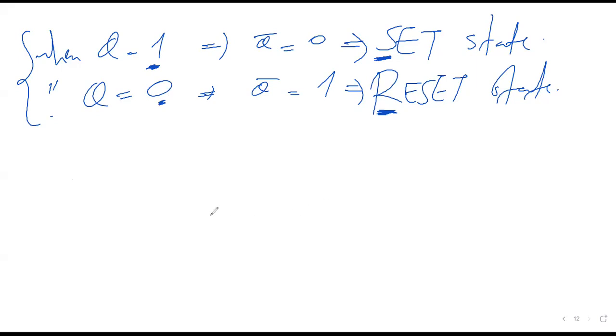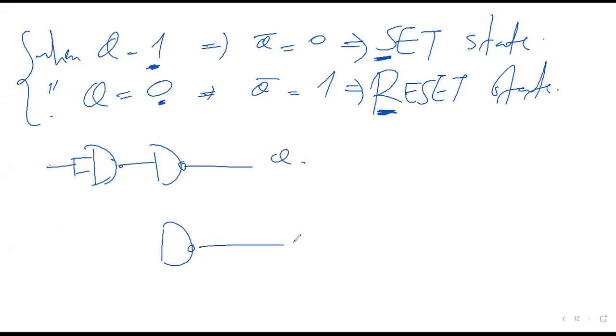We have the logic circuits of these SR latches. We have one which is NAND gates only. Another NAND here, and I have my output Q, another NAND here, I have my output Q bar. This comes here. I have another NAND.